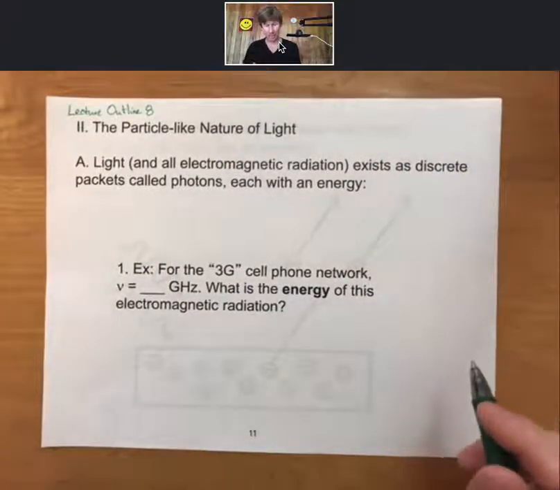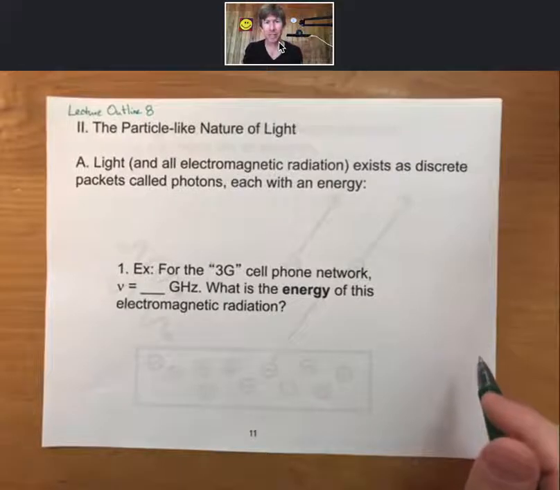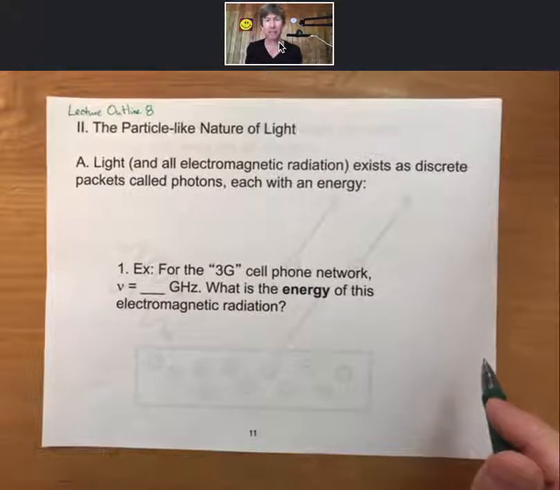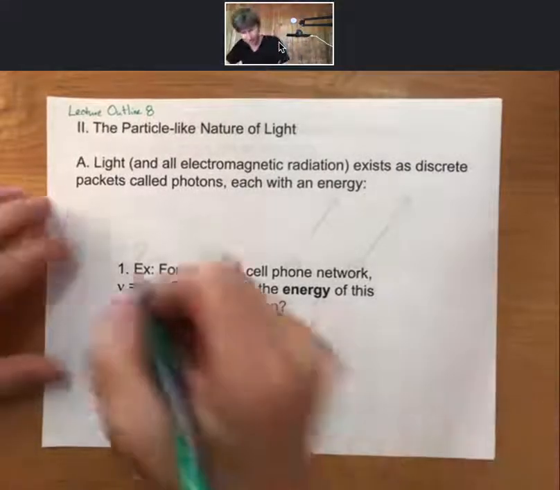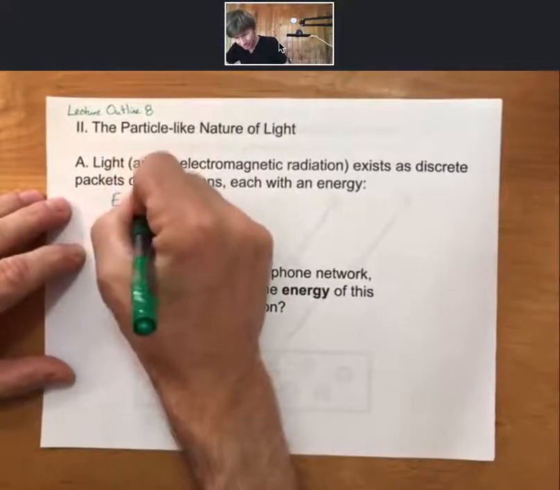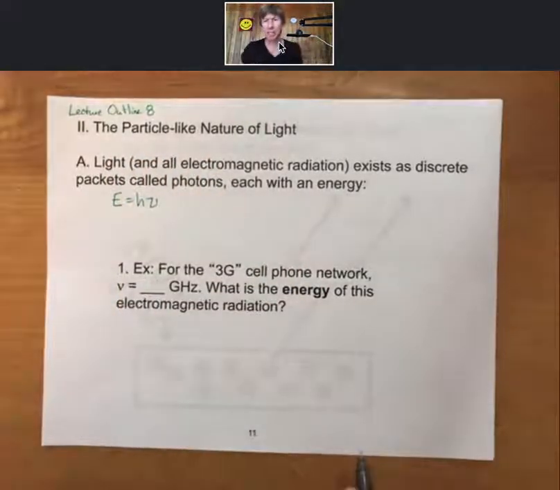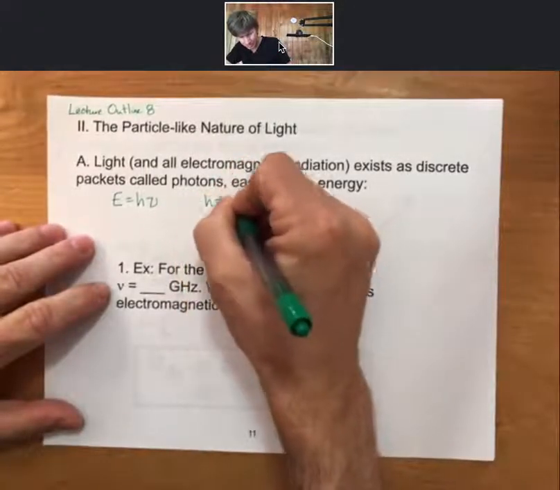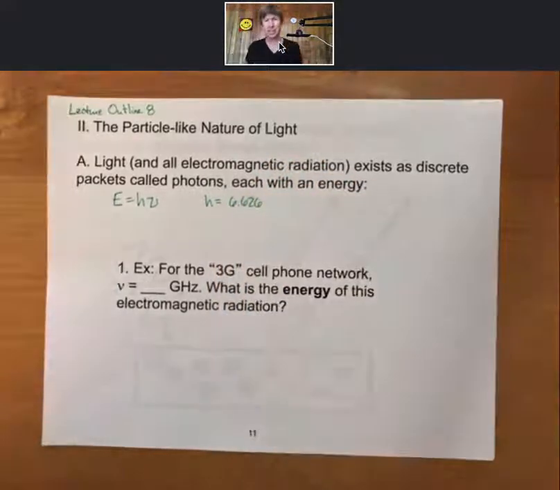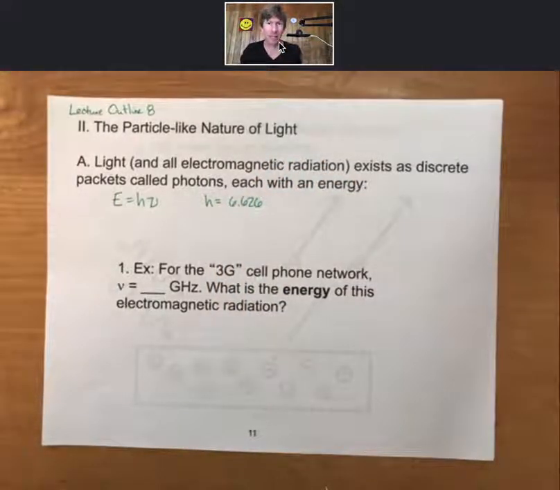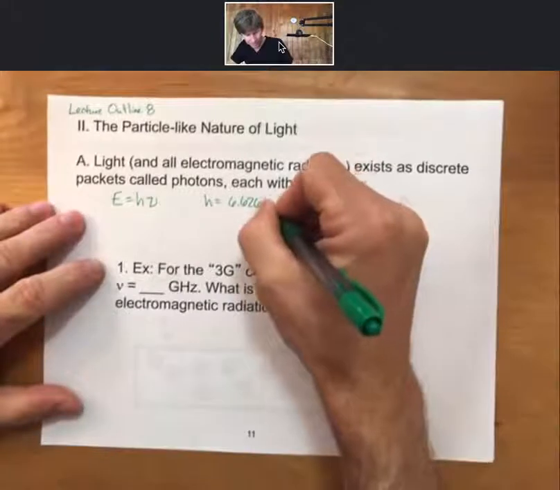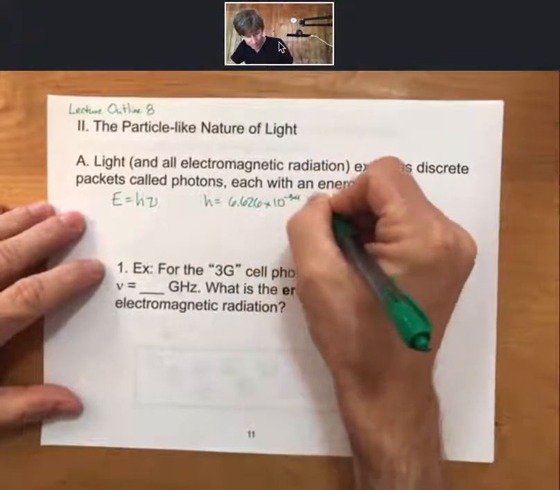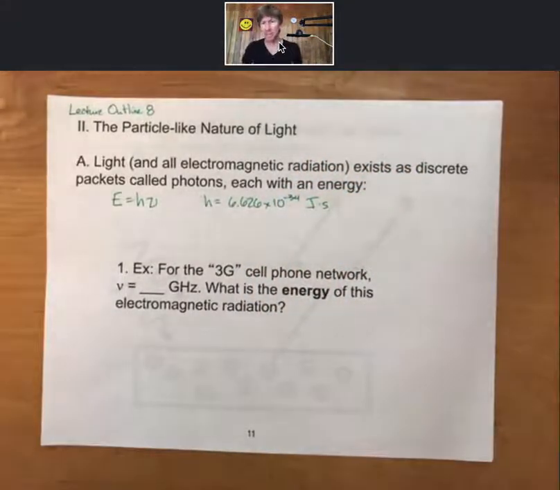Now, light and all electromagnetic radiation exists as discrete packets called photons, each with an energy. The equation is E, energy, equals h, which is Planck's constant, times frequency, and h is 6.626 times 10 to the negative 34th joule seconds.